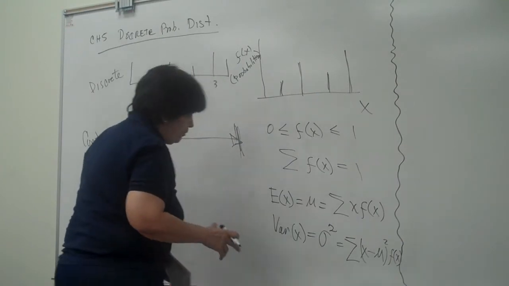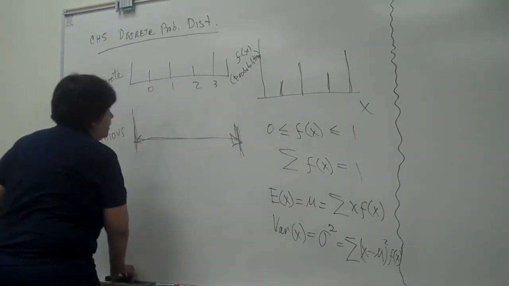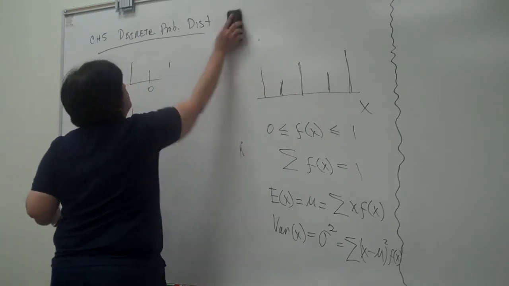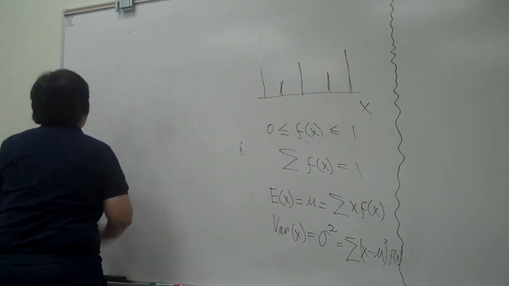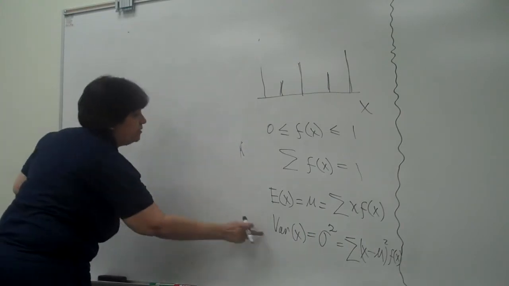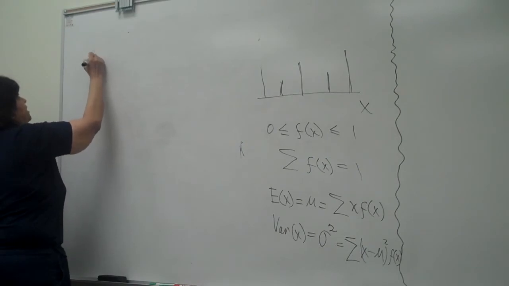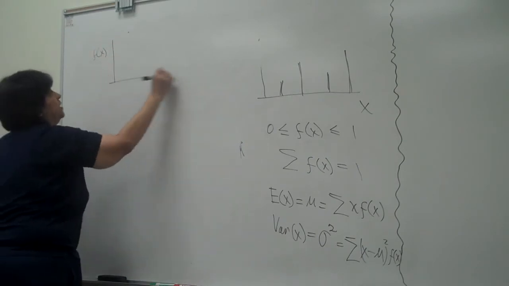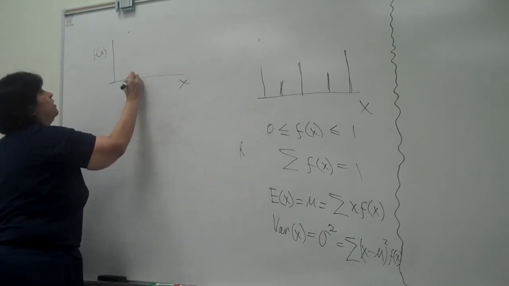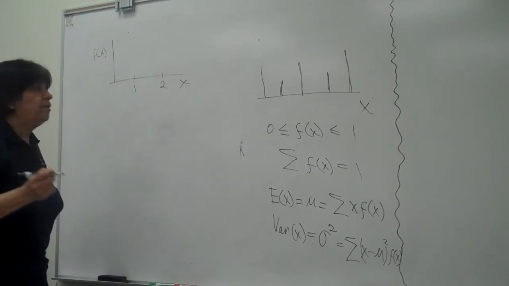Let's do an example of just a couple of elements to know how to calculate the expected value and the variance. Let's say that I have f of x and I have x, and I have only 1 and 2 values.